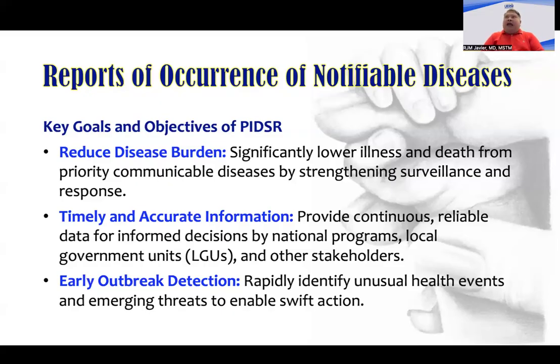Remember, if you want to control, let's say, an epidemic, we should be able to know information as accurately as possible so that in the event that there is a need to implement control or preventive measures, you already have the information at hand. And this is where the PIDS-R will also come very handy.